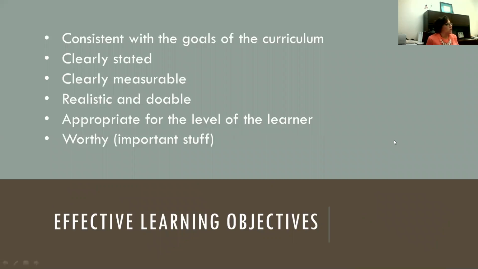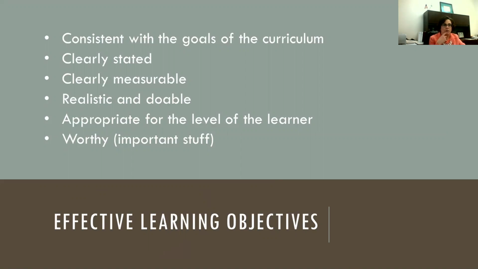So effective learning objectives are consistent with the goals of the curriculum. They're clearly stated, and I think that's important. They're clearly measurable. I like to have somebody else look at something that I'm creating at times and say, okay, how can I measure that? And see if they can clearly tell me how I'm going to measure that objective.